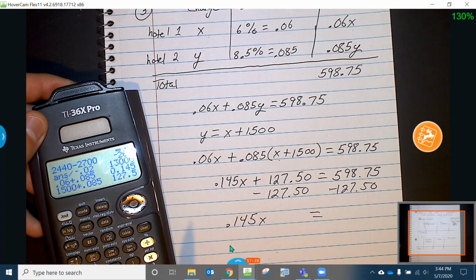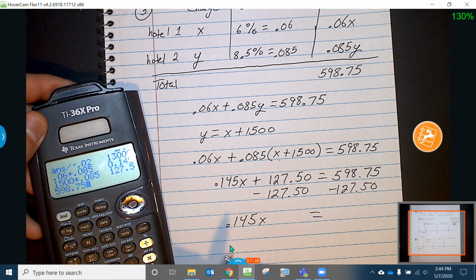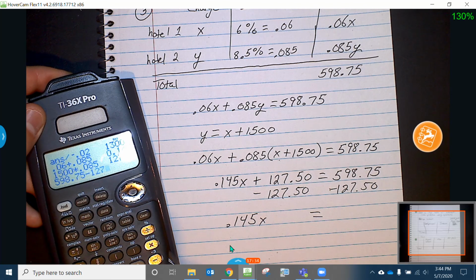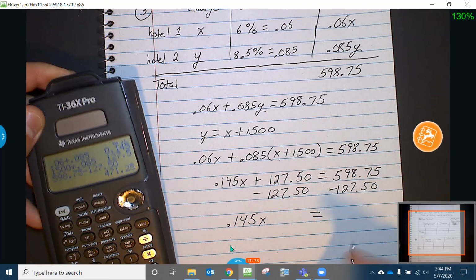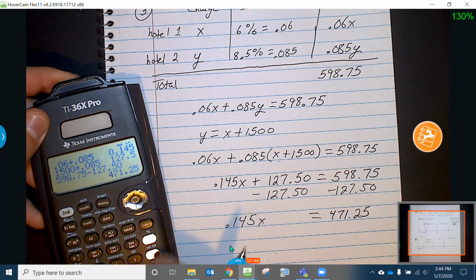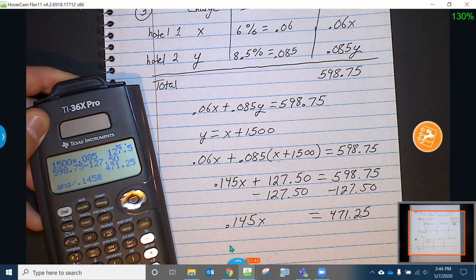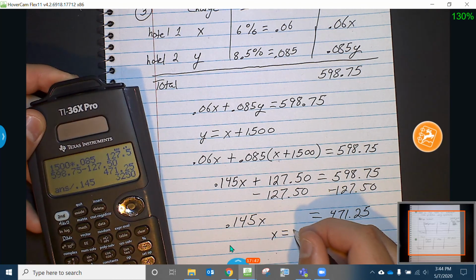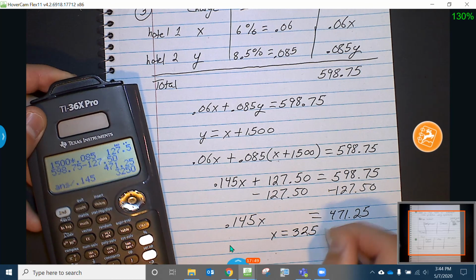So 598.75 minus 127.50, which is 471.25, and divide that by 0.145. x equals 3,250.